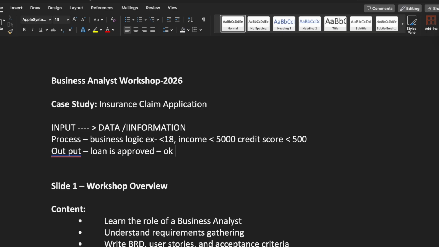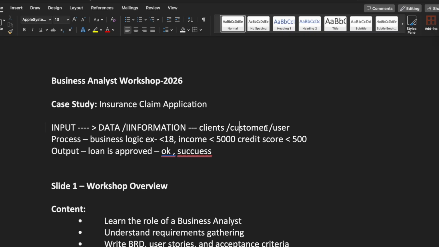Output, for example: the loan is approved, or your appointment is booked, success, something like that, an expected message. So what information do we collect? Whoever provides it, we call clients, customers, or users.